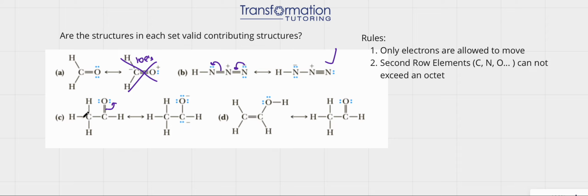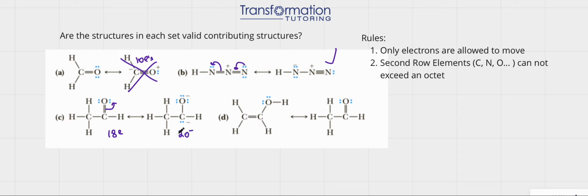We have 1, 2, 3, 4, 5, 6, 7, 8, 9, 10, 11, 12, 13, 14, 15, 16, 17, 18 electrons on the left. How many do we have on the right? 1, 2, 3, 4, 5, 6, 7, 8, 9, 10, 11, 12, 13, 14, 15, 16, 17, 18, 19, 20.